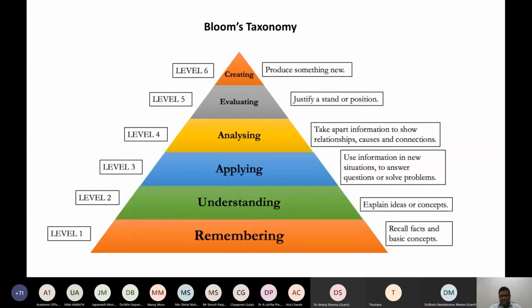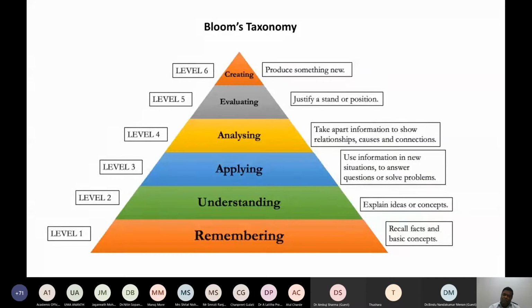Basically, this model says that learning can happen at different levels. There are 6 levels. Level 1 is remembering, understanding, and then it goes on up to creating. According to this theory, remembering and understanding are the lower order learning levels, whereas applying, analyzing, evaluating, and creating are higher order learning levels.